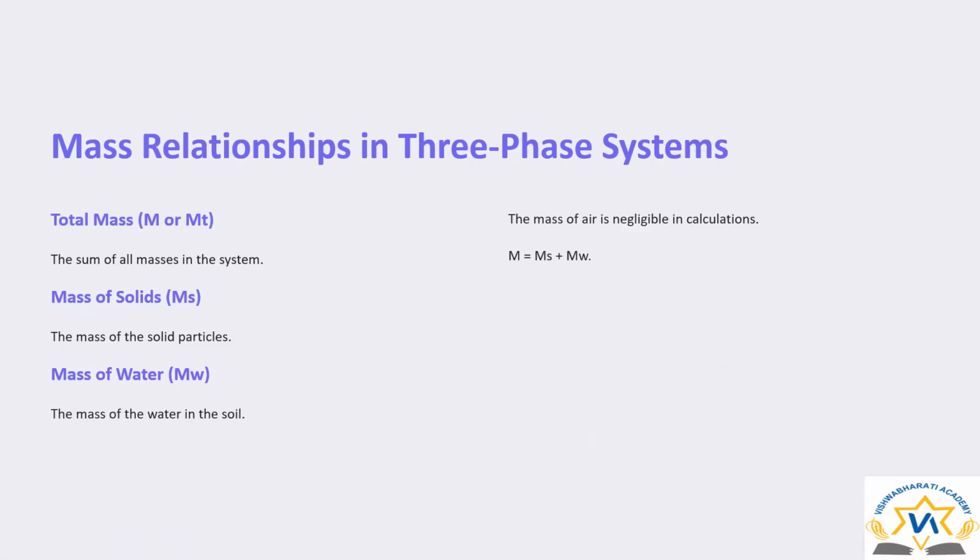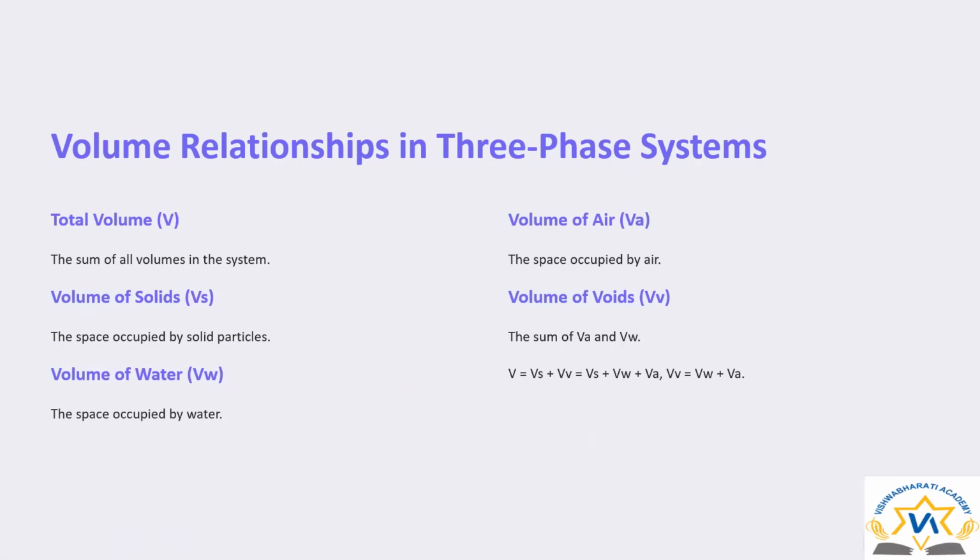The next one is the mass of water, the total mass of water present in the soil. Then the mass of air is negligible in calculation. As we saw in the previous slide, the total volume is the sum of all volumes in the system, and mass is also the sum of all masses in the system.